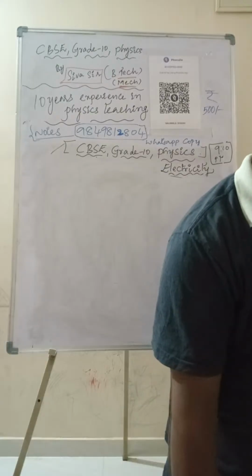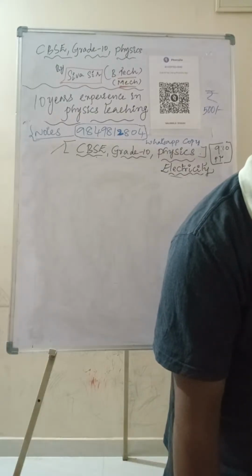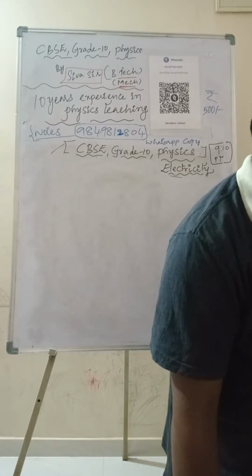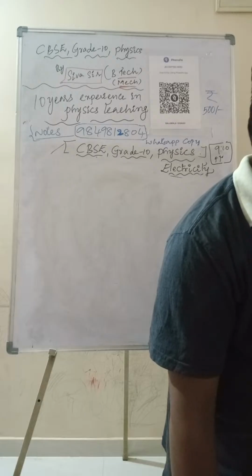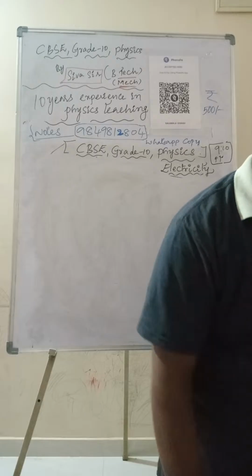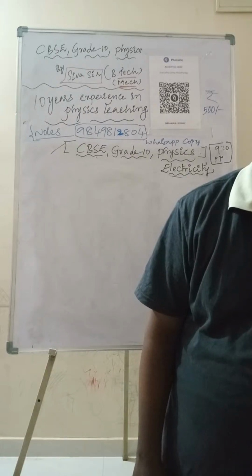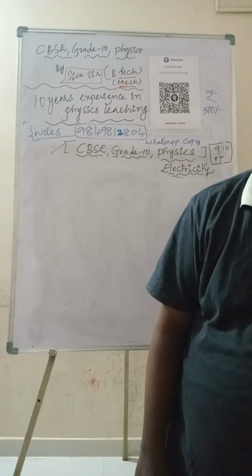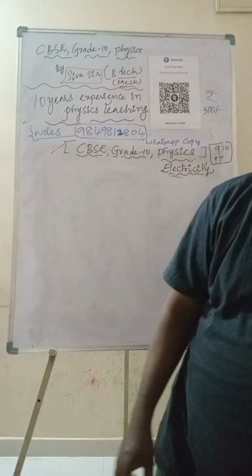The definition of Ohm's law is: the potential difference across the ends of a metallic conductor is directly proportional to the current flowing through it, right?